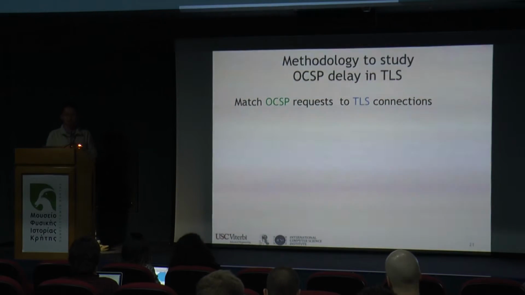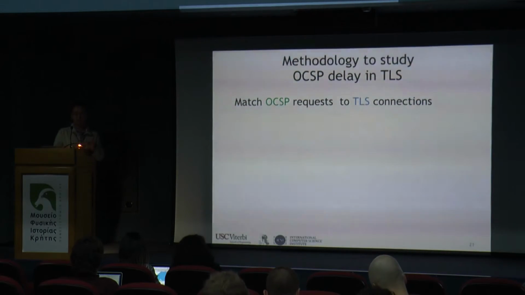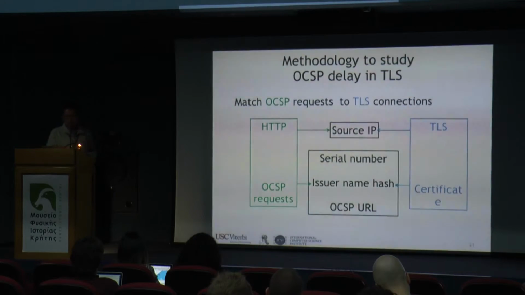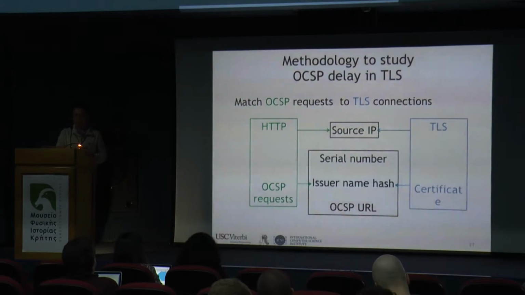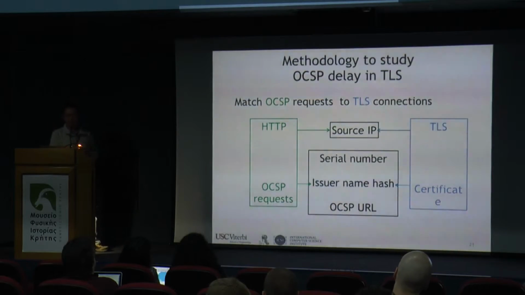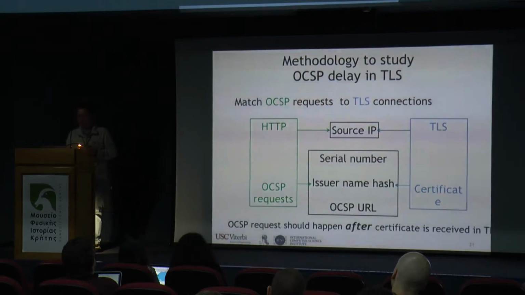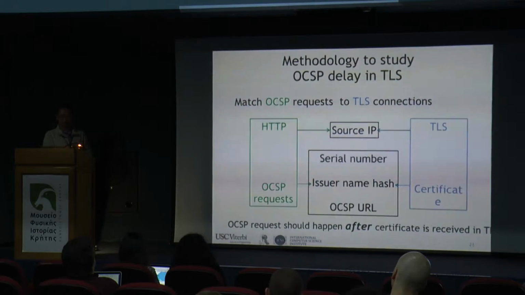To further study how OCSP slows down TLS connections, we have to match OCSP requests to all the TLS connections, because they happen in different connections. We match them by the source IP and several pieces of unique certificate information, and of course the OCSP request should happen after the certificate is actually received.